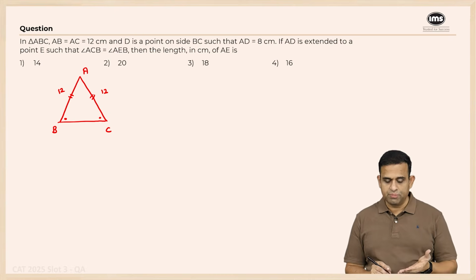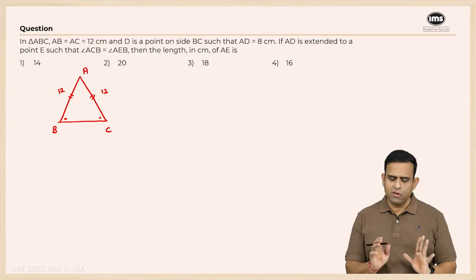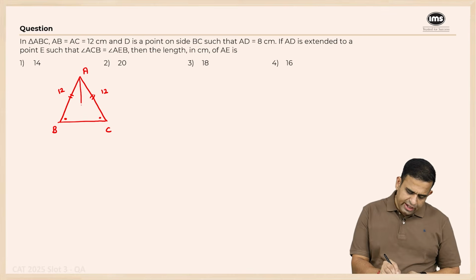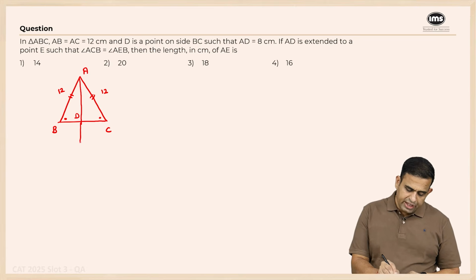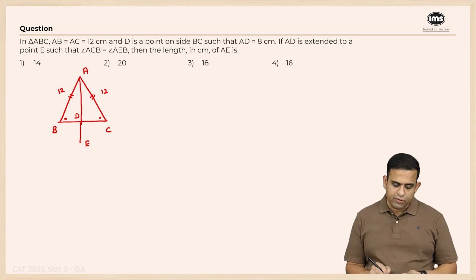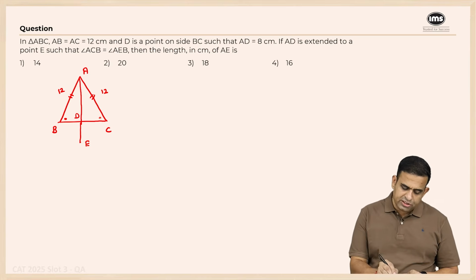Now I don't know whether that is a perpendicular, whatever, I will just draw a normal line. Let's say AD, this is not a perpendicular, maybe, I don't know. AD is a line, D is a point on BC, extended to some point E, such that they have told you angle ACB, so this red dot will be equal to angle AEB.